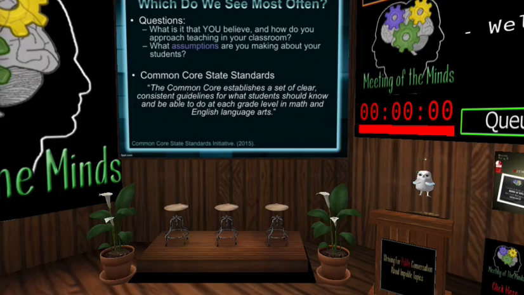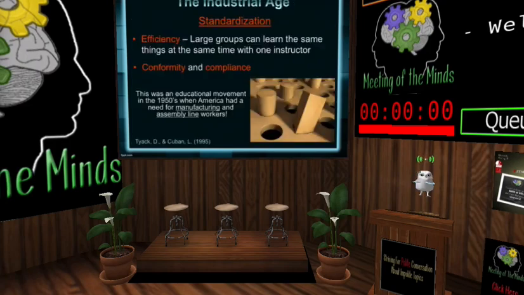Now, I want to just take the word standard and take you back to some of the characteristics of the industrial age. Standardization implies everybody is the same. It is also efficient because large groups can learn the same things at the same time with one instructor.